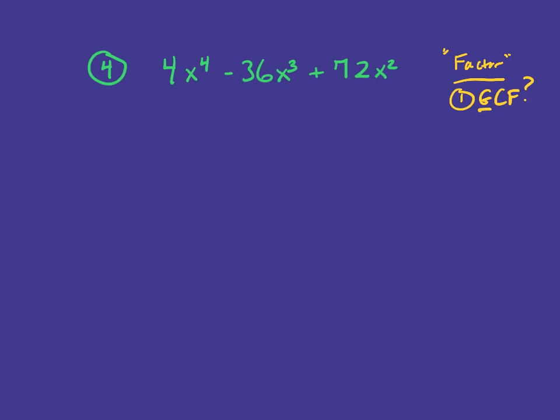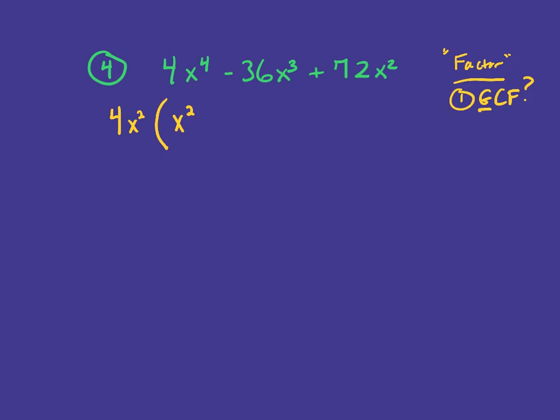So out of the 2 and the 4, you'll want to take out the larger of those, the 4. And then when you've got variables, you also want to check to see if there's any variables you can take out. We've got x in every single one of those terms. We can actually take out 2 of them out of every one of those terms. And then we're going to rewrite what's left. So if you take 4 out of the first term and then 2 of the x's, you're left with 2 x's behind.